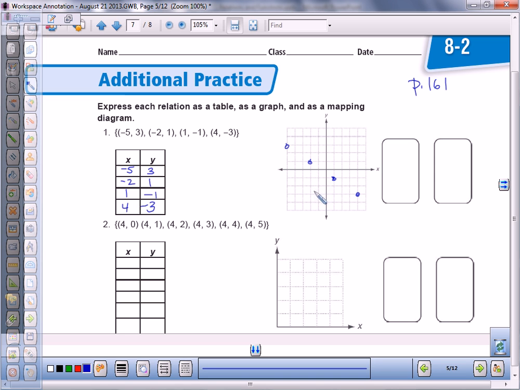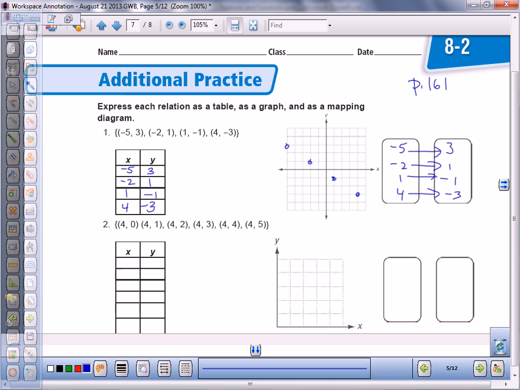Okay, mapping. -5, -2, 1, 4, with 3, 1, -1, and -3. So it should be mapped where the input is mapped to the output. Does that make sense? All right.